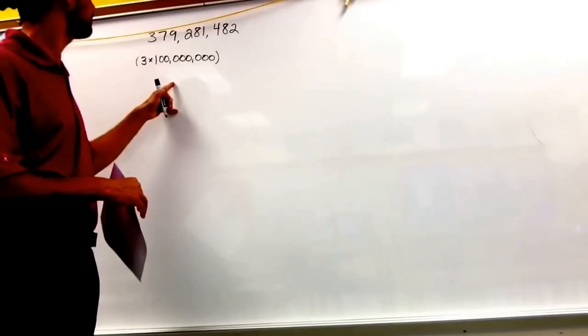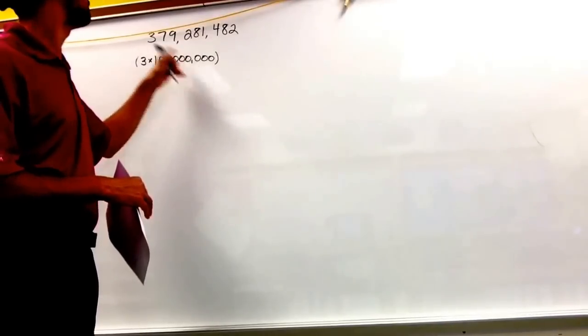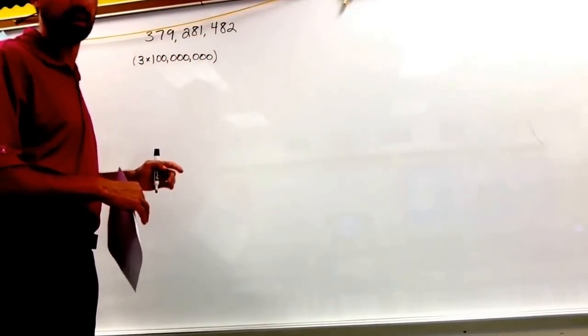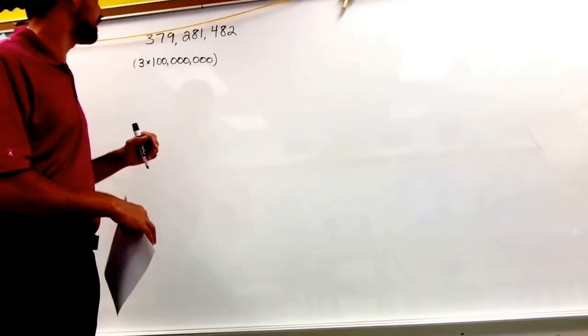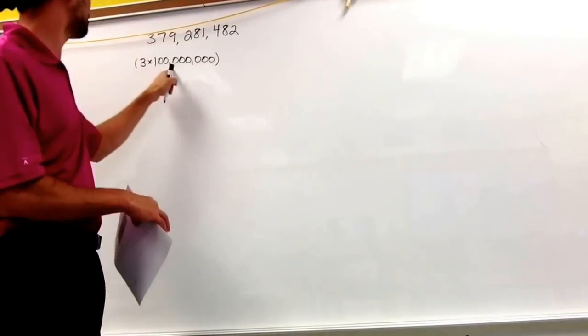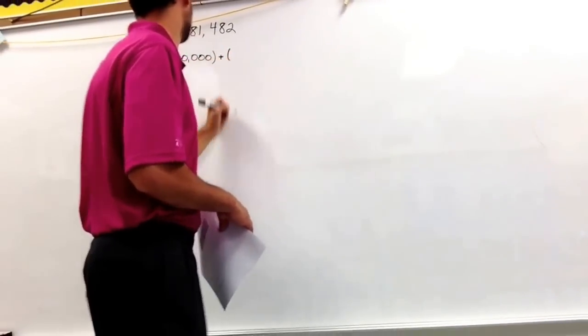We write numbers in expanded form for me to see that you know the place values of a number. Again, this is way too long to work with in everyday life, but we do this now, so I know that you know that that 3 is in the 100 millions place. We put a plus sign, we start parentheses.